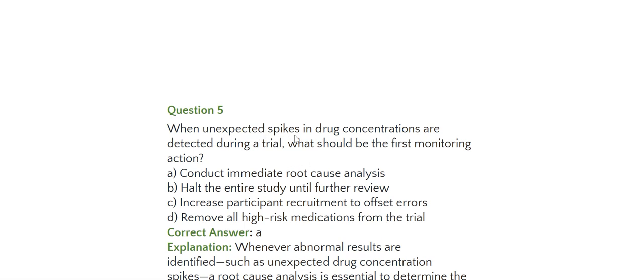A is the answer. Whenever abnormal results are identified, such as unexpected drug concentration spikes, a root cause analysis is essential to determine the underlying issue and implement correction strategies promptly.